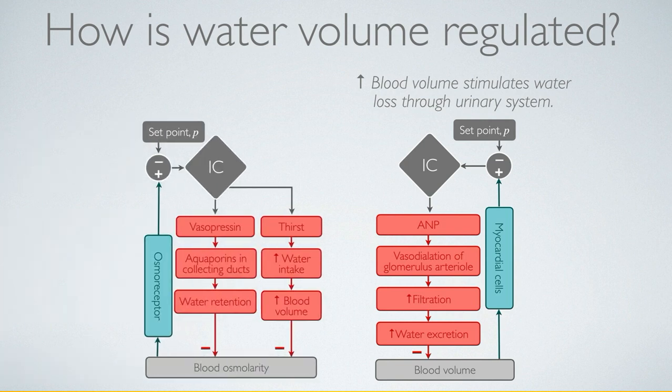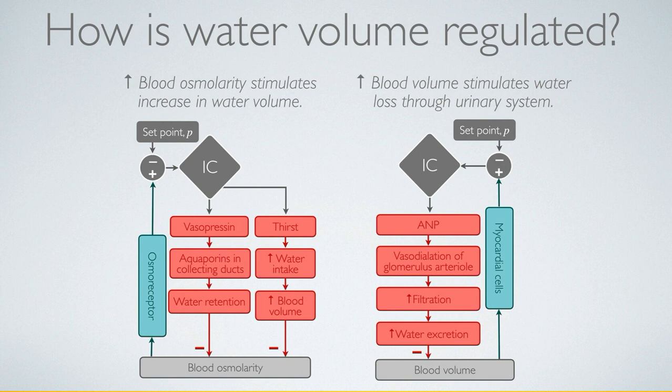And that's caused by an increase in blood osmolarity, which would be created by a low blood volume, stimulates an increase in the water volume in the body. So there's water retention through vasopressin and water volume increase by drinking water.